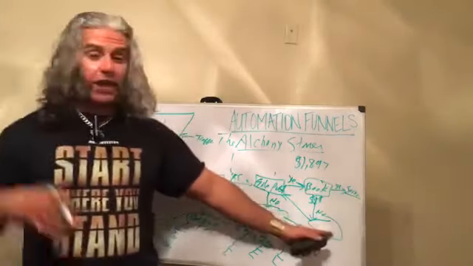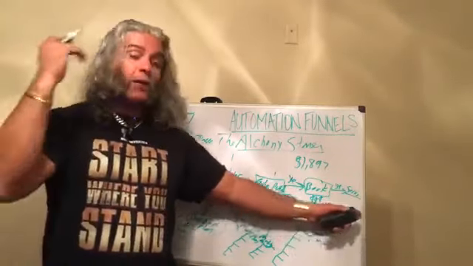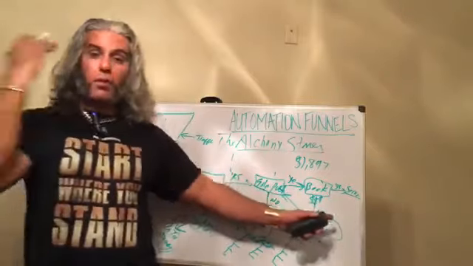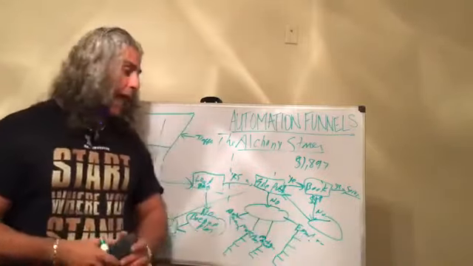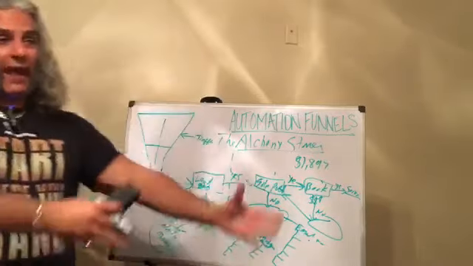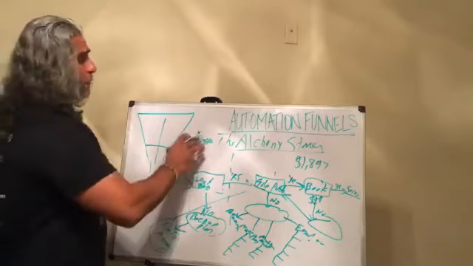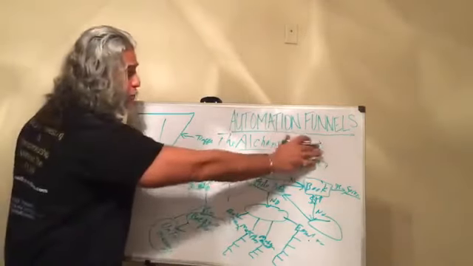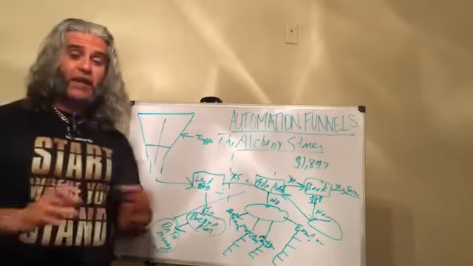In here, I could even get on the phone with them, which I never do. I can mobile market to them. I could do mails again. I'm going to do the data mining. I'm going to do different Facebook ads to retarget them and have them jump the lead, okay? This is what I use for my Alchemy Stones, and this is an automation funnel. It's always in the process. It's never completed, okay?